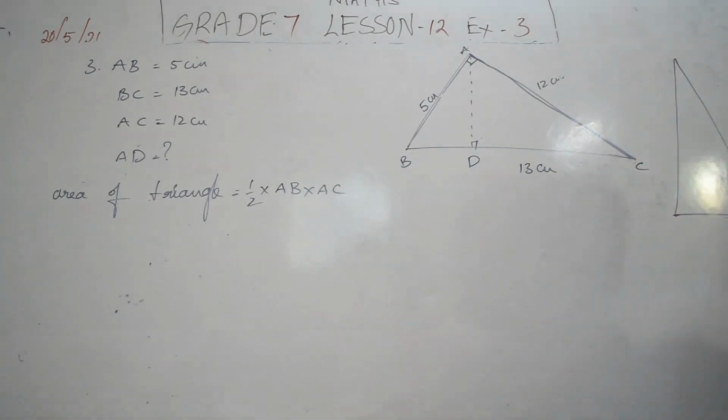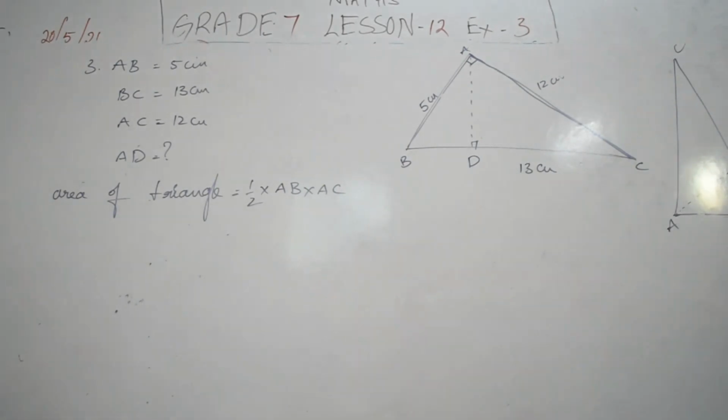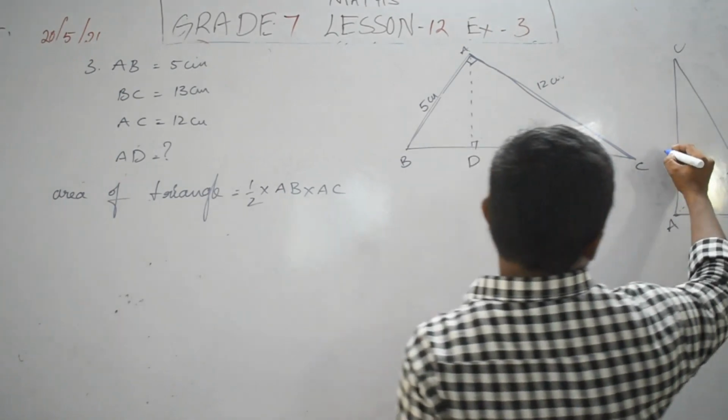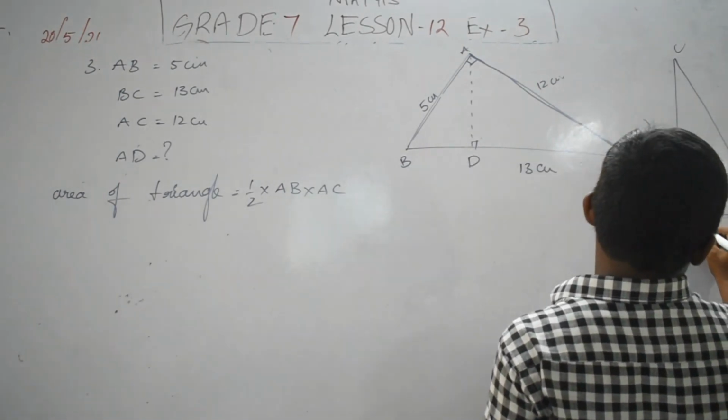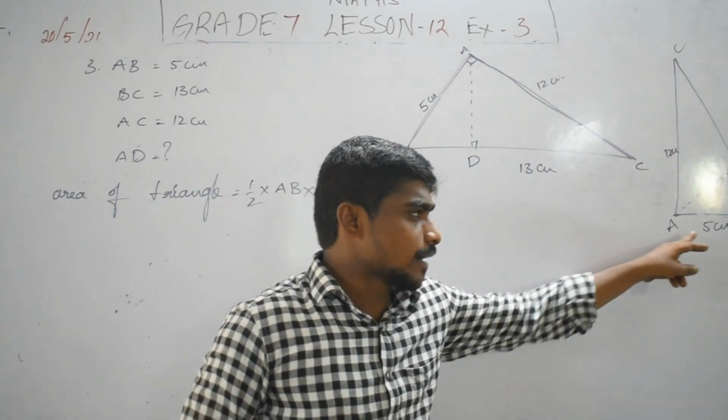See, now this is B. This is D. This is C, this is A. So here these one we are converting like this. So here 12 centimeters, here 5 centimeters. So we know height and base.